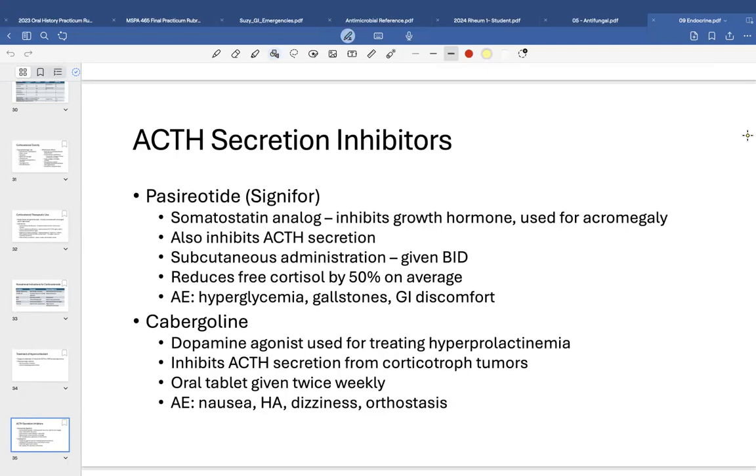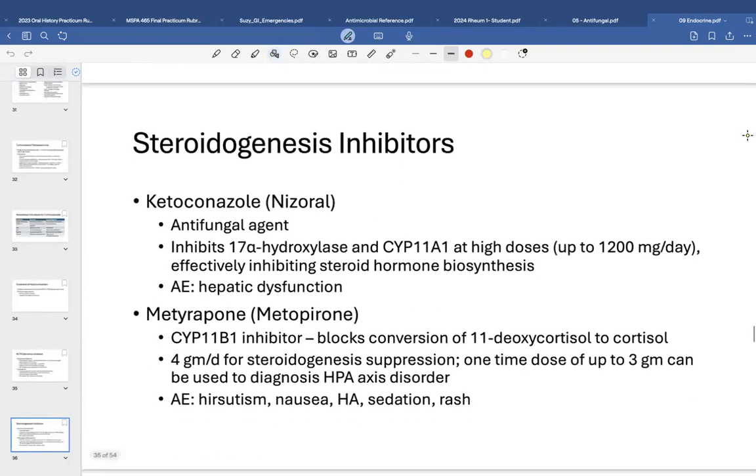And then steroidogenesis, again, P450 enzymes are involved in multiple steps in the synthesis of steroids. One of the antifungal drugs, ketoconazole, works in fungal cells by inhibiting fungal P450 enzymes involved in cell wall production.